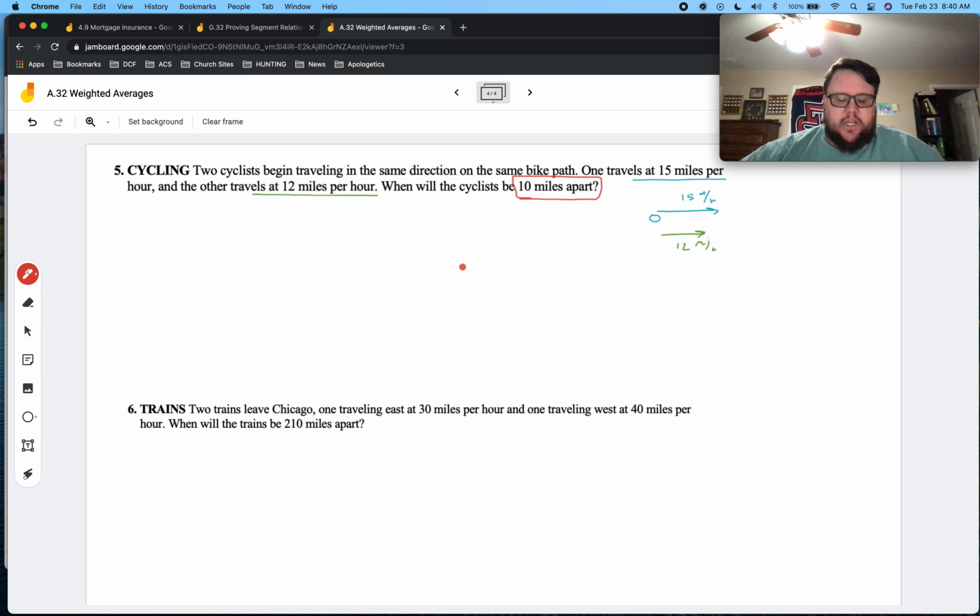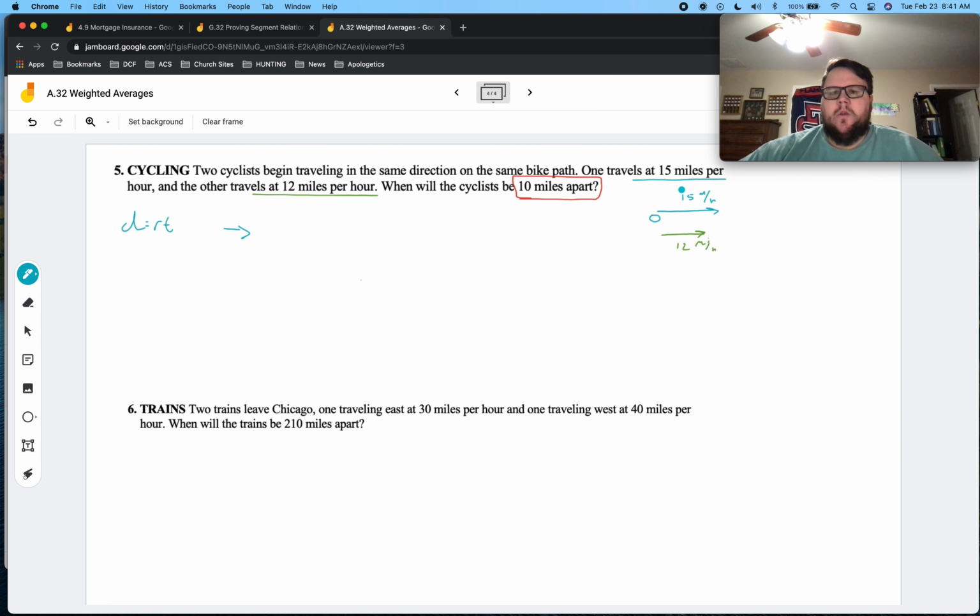So what we need to know is they're going in the same direction. So in this case, we're not going to add the two to find out the distance, we're going to subtract the two. Remember, distance equals rate times time, always.